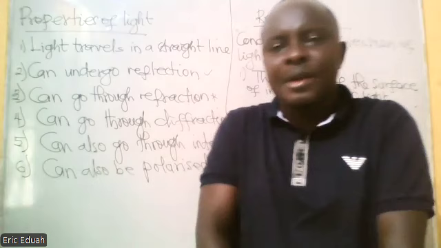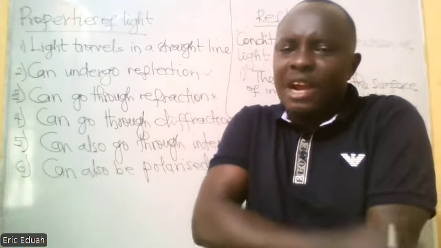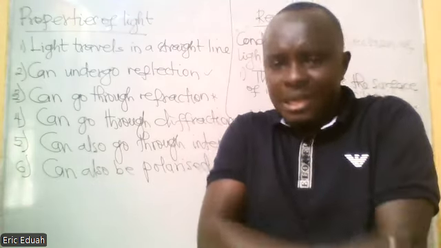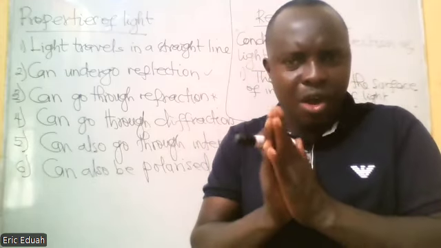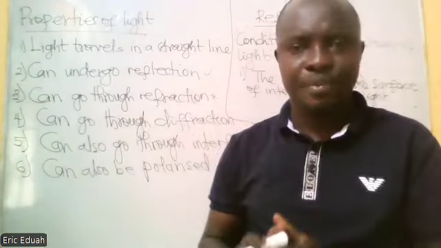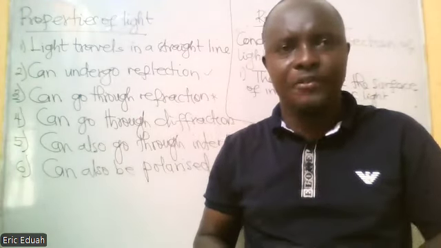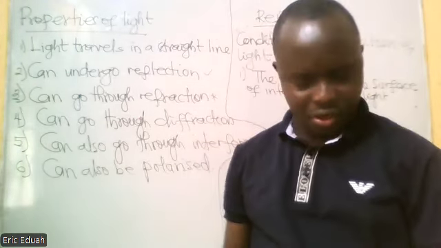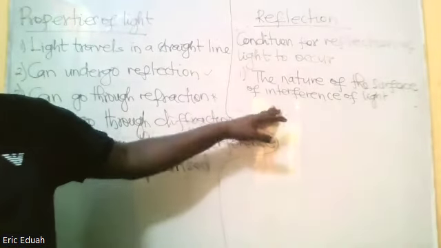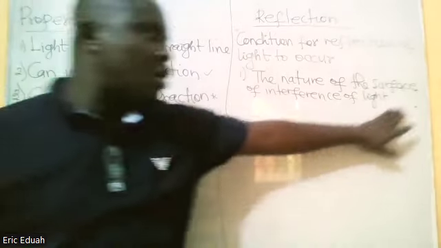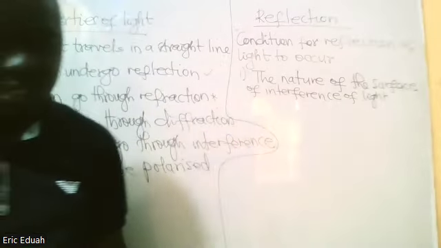If the body is very smooth, the reflection will be regular or in an orderly form. If the surface is rough, it will be scattered. So the nature of the surface determines the extent or the nature of reflection.